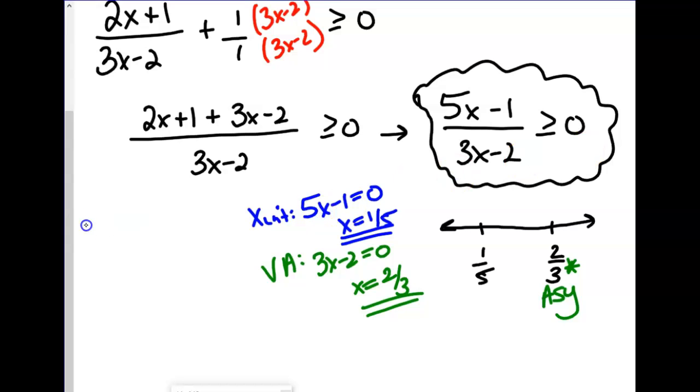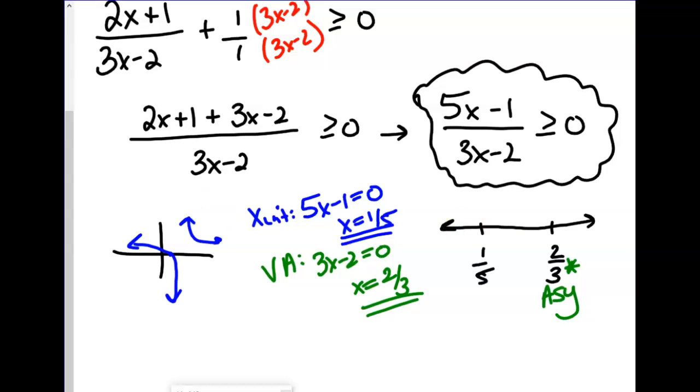When you look at your graph, I'm really not sure I know what this guy looks like. 1/5, 2/3. Does it look like this? Something like that? Okay, cool.